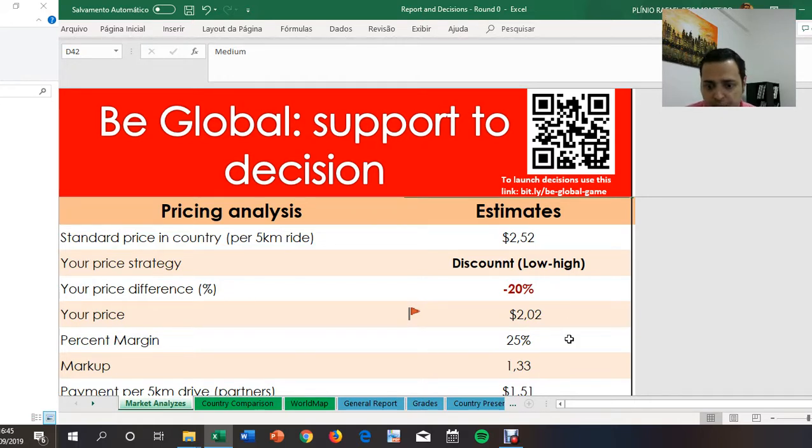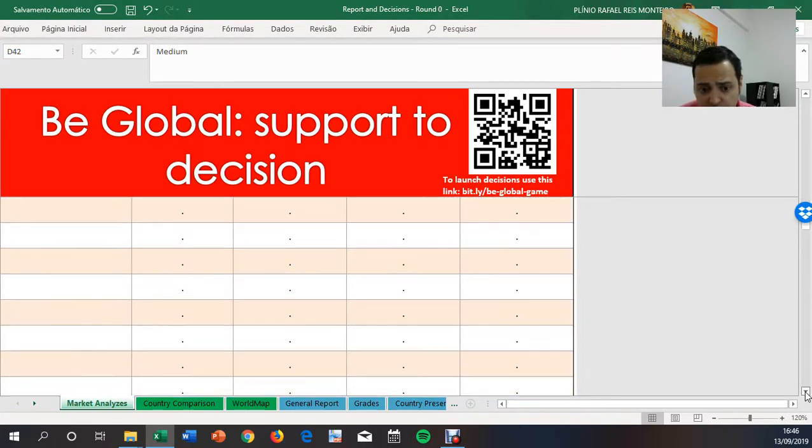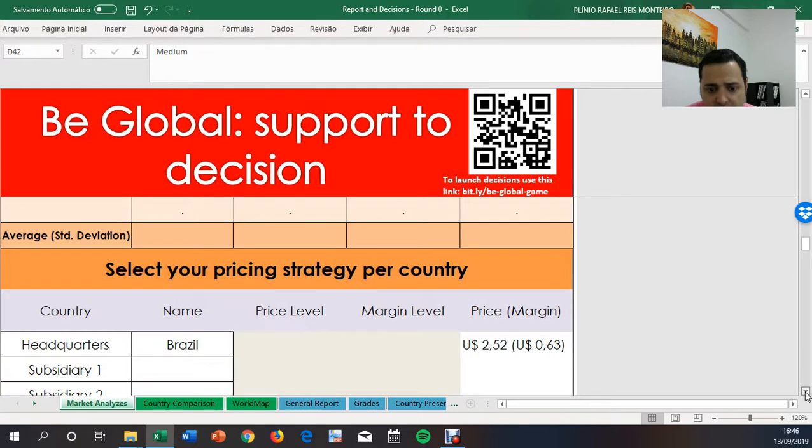And I'm using a medium margin. This means that I'm using a 25% margin. So basically, for each dollar that I receive, 25 cents will become revenue for my company, and the 75% of that will go to pay the partner driver. So let's suppose that I'm going to use this and move to the next decision.